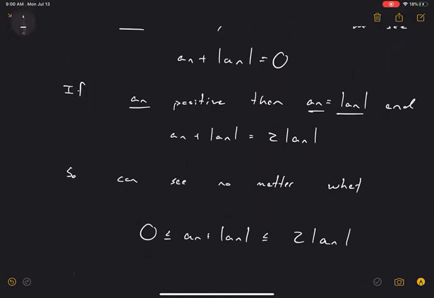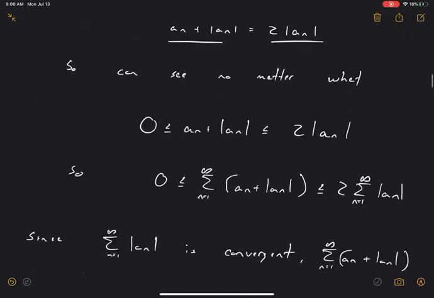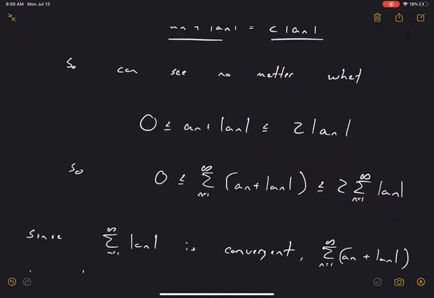So on the other hand, a sub n plus a sub n equals 2 times the absolute value of a sub n. So we have this inequality. It doesn't matter if a sub n is positive, negative, whatever. This term a sub n plus its absolute value is always going to be greater than or equal to 0.